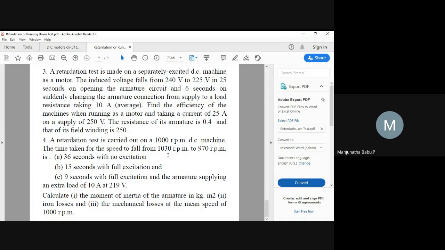Now, the first time period he has given is 36 seconds with no excitation. What is the difference with respect to the speed? It is 1030 minus 970, so we'll be getting 60 RPM. The difference with respect to time is 36 seconds.